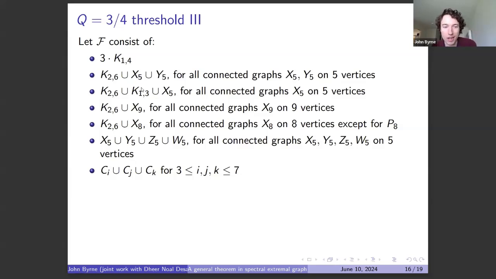Of course, I doubt that this is an optimal example, but I'm not sure how much it can be improved. So it would be interesting to see whether there's some counterexample that only consists of, for example, one forbidden graph. I'm really not sure whether that's the case. So maybe somehow we can say something stronger if the forbidden family is simple enough in some sense.